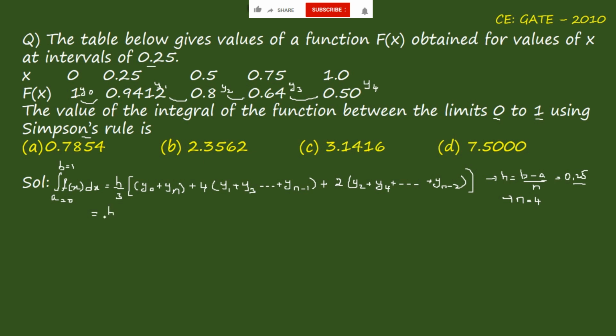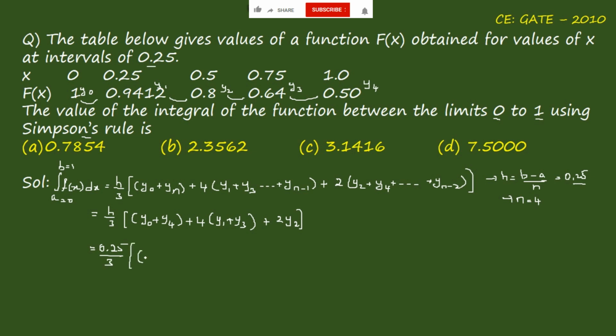Then you get h by 3 into y naught plus y of 4 plus 4 times of y1 plus y3 plus 2 times of y2. We know the values. So it becomes h is 0.25 by 3.